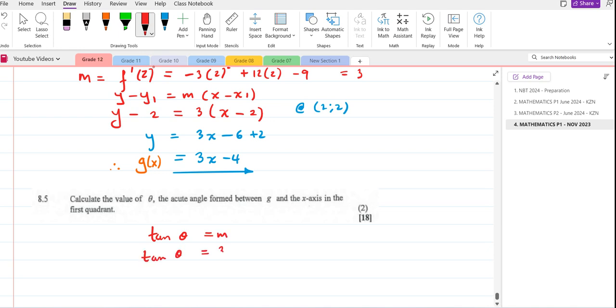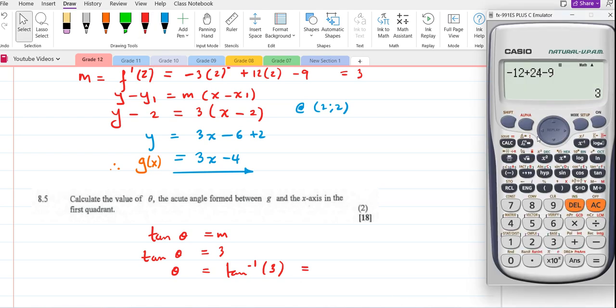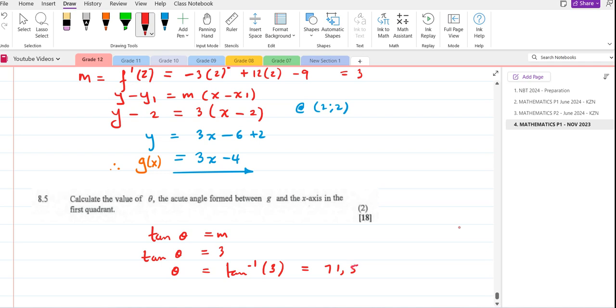So theta equals tan inverse 3. What's tan inverse 3? Shift tan 3. That's 71.57 degrees. I hope you guys understood that. Next question.